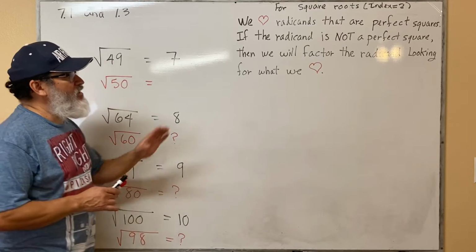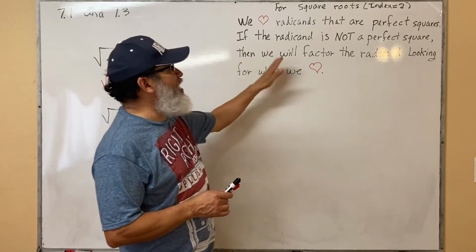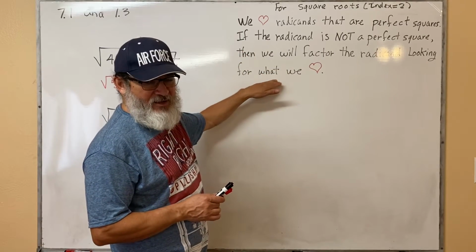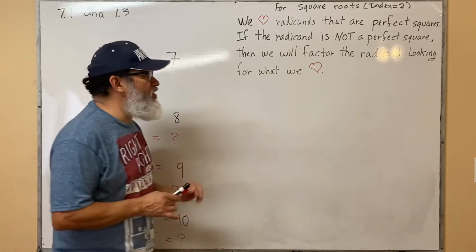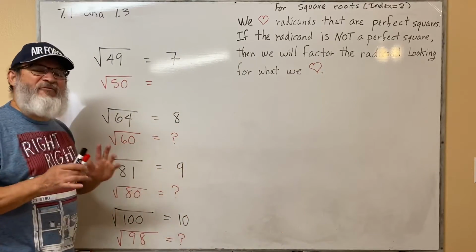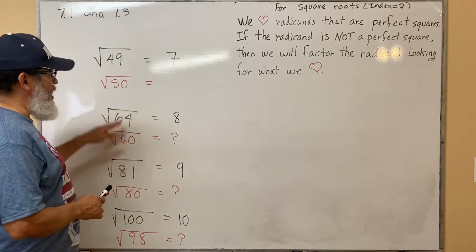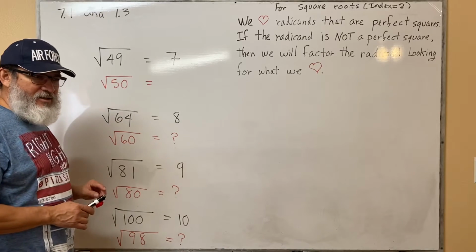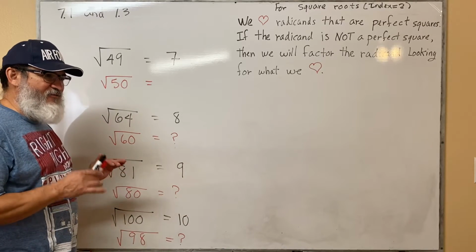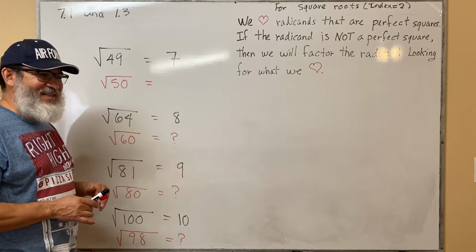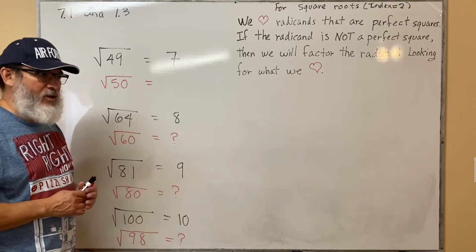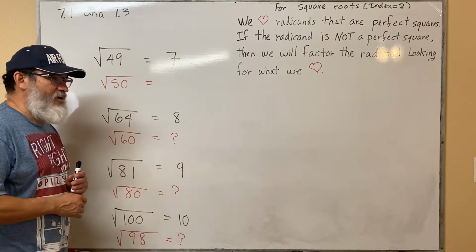In the product, you want to find what you love. What you love under the square root are perfect squares. So I'm going to factor 50, and I want to find a factor of 50 that's a perfect square.